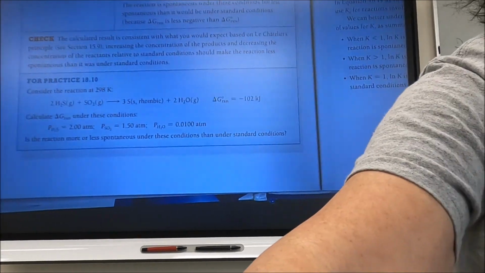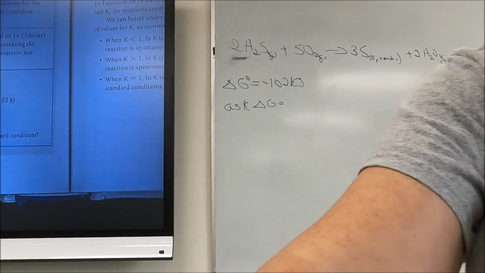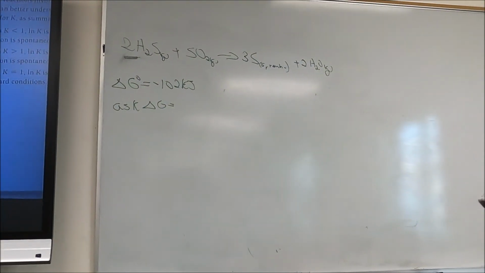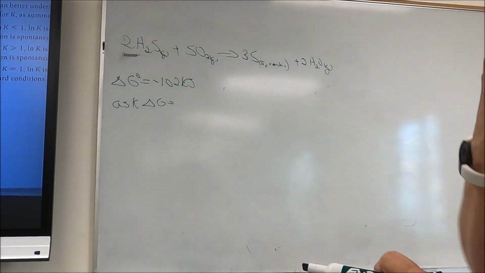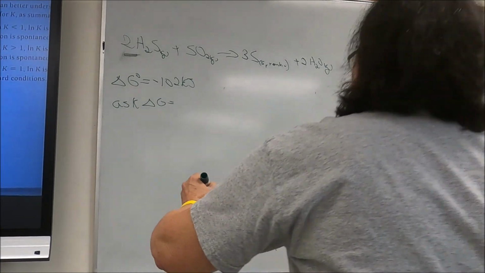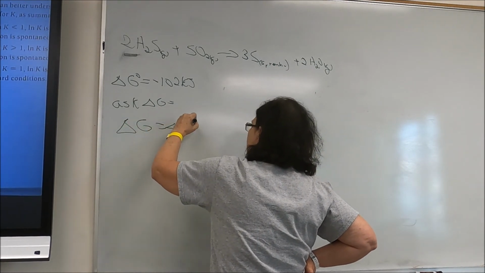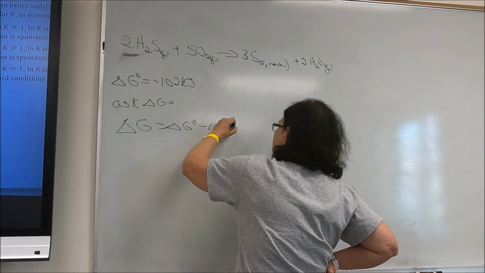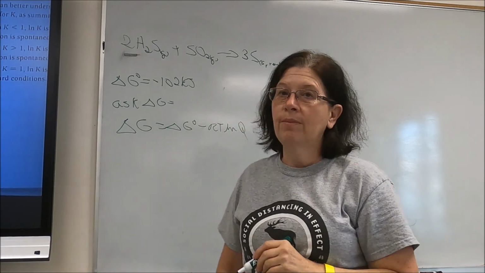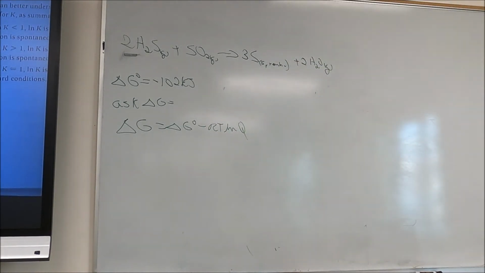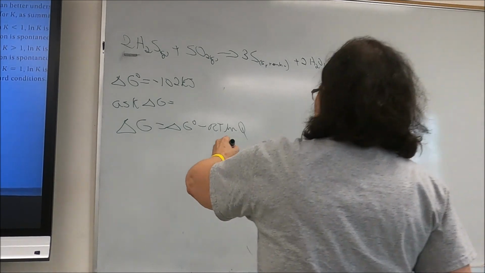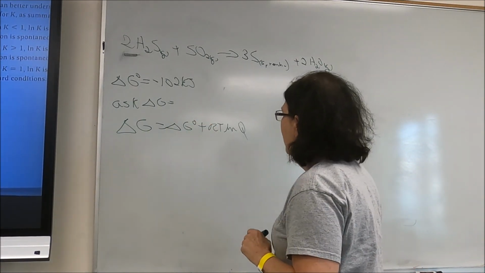Now, the equation we're working with is delta G equals delta G0 minus RT ln of Q. No, excuse me, it's not minus, it's plus. I always want to make it a minus.